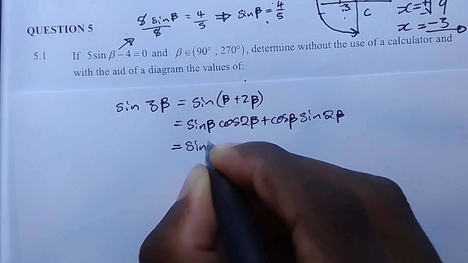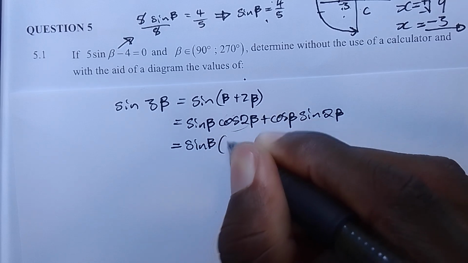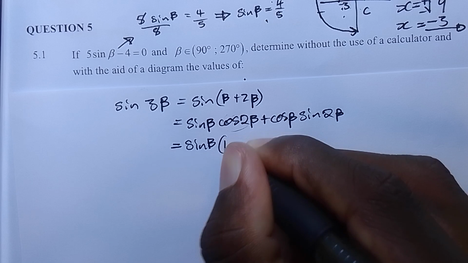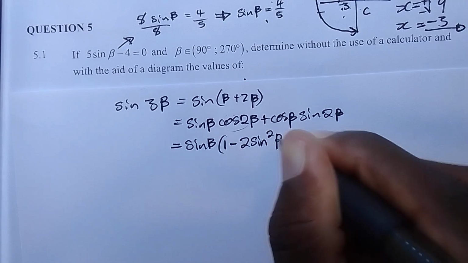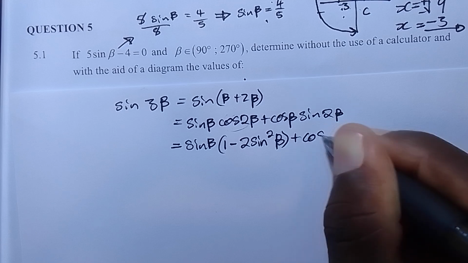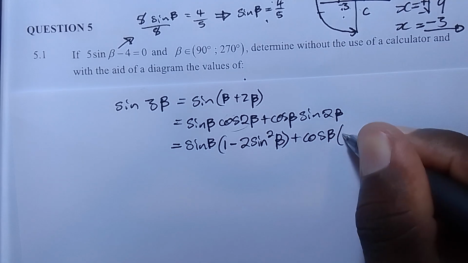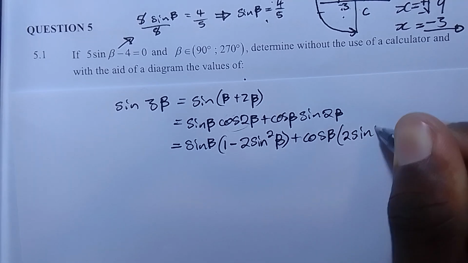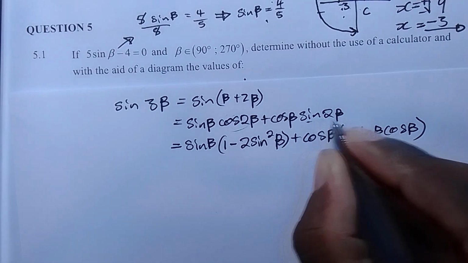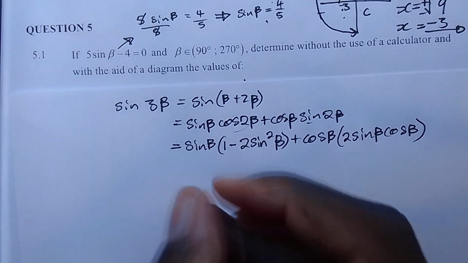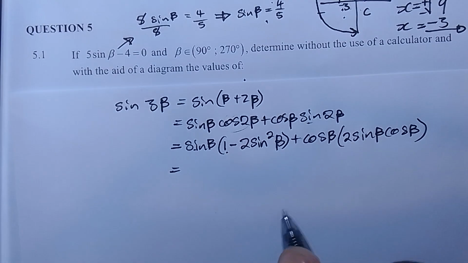So sine beta, for the double angle for cos we use 1 minus 2 sine squared beta, plus cos beta. Then here we have 2 sine beta cos beta, because we use the double angle for sine. Now you don't need to multiply it out.